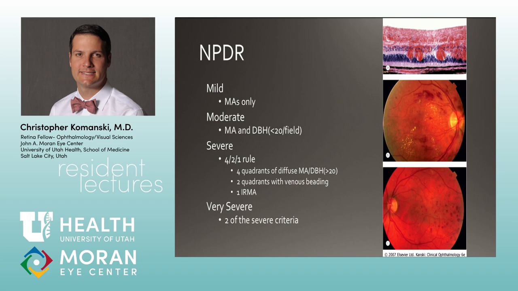Severe has the 4-2-1 rule, so any of these will get you severe non-proliferative diabetic retinopathy, and that's 4 quadrants of diffuse MAs or dot-blot hemorrhages, so that's greater than 20 of these in the quadrant. Or if you have 2 quadrants of venous beading, or 1 quadrant of IRMA. In terms of very severe, it's just if you have 2 of the 3 that you see in severe.